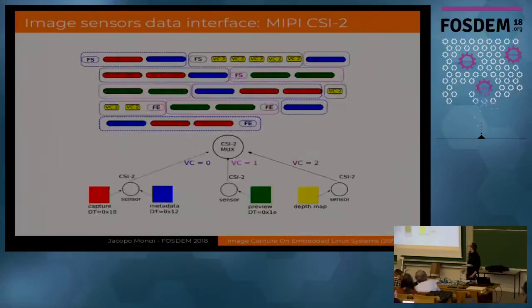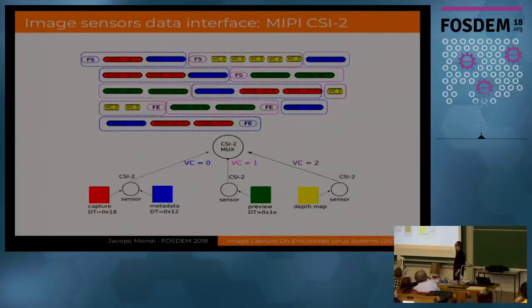Maybe I'm not being clear enough, but those streams are completely different streams. One may have a lower resolution because you're using it for the viewfinder, while when you touch the take picture button, you want an image with high resolution. So they can be interleaved, within the constraints defined by the MIPI CSI-2 specification.